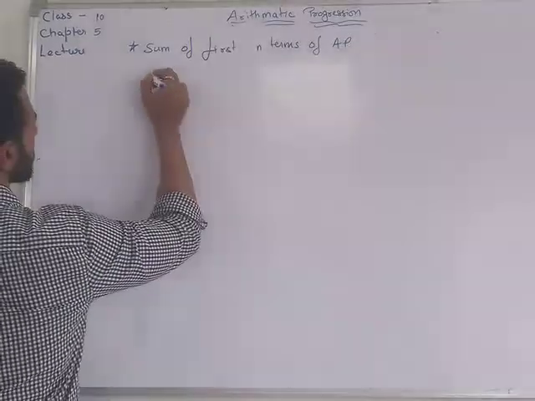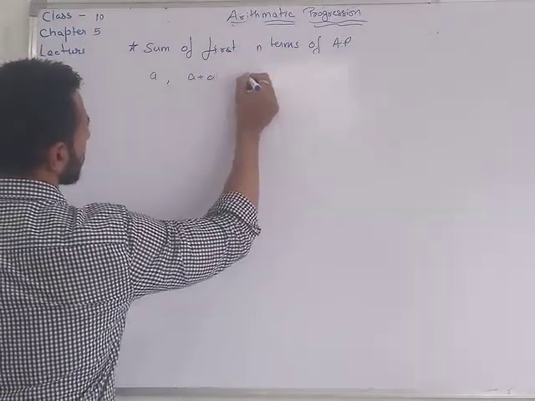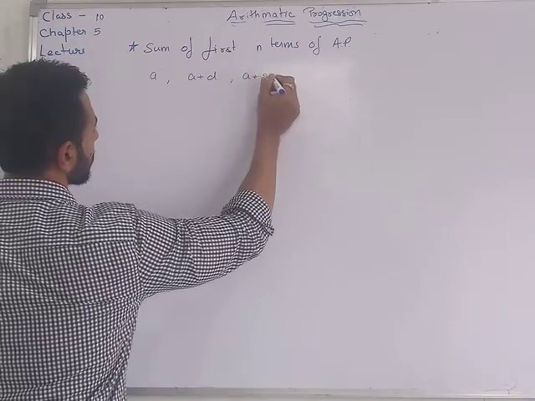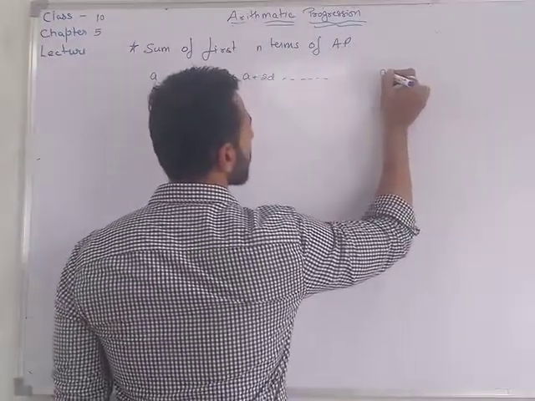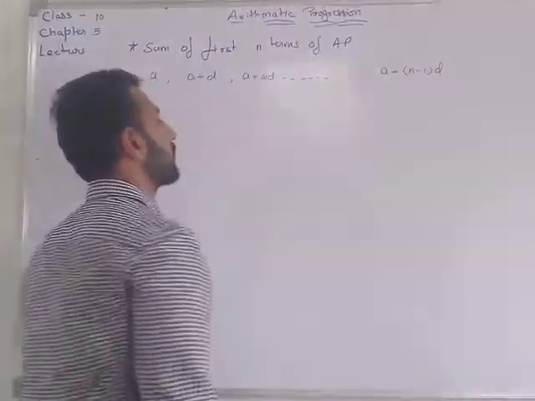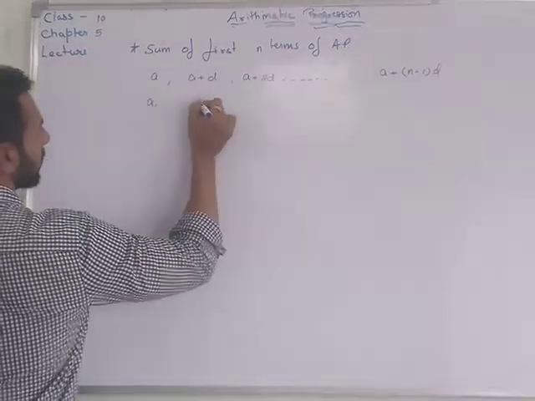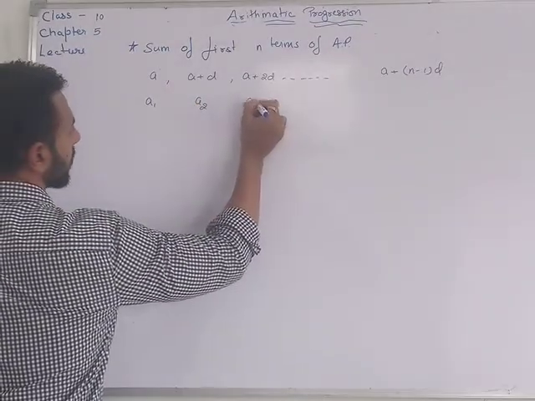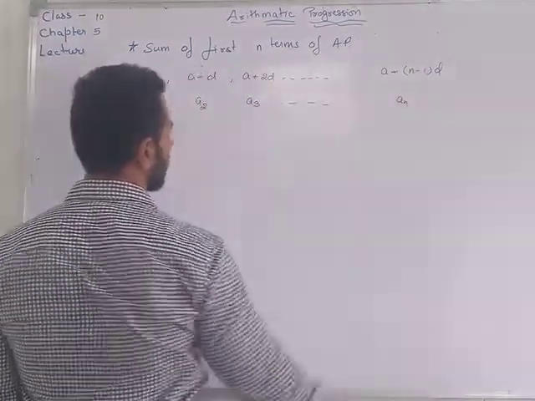Here the first term is A, then A plus D, A plus 2D and so on, up to A plus (n minus 1) into D. A is A1, A plus D is A2, then A3 and An.